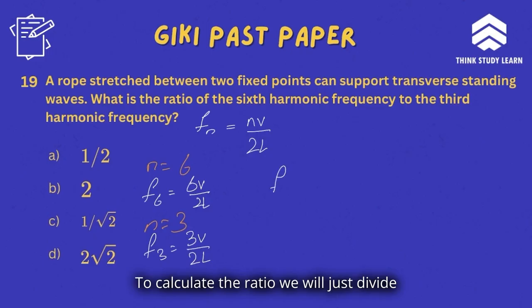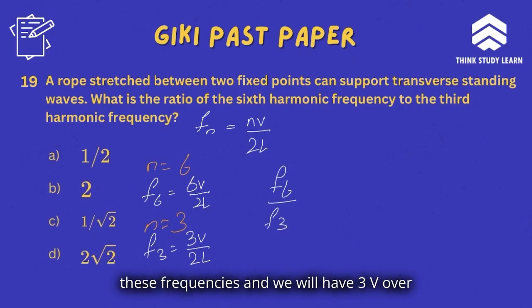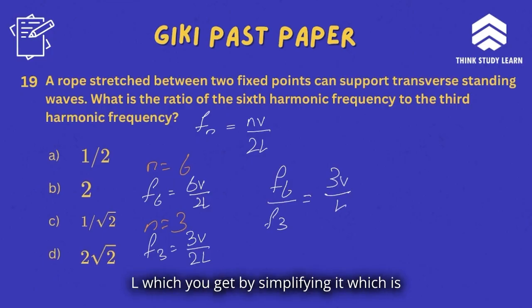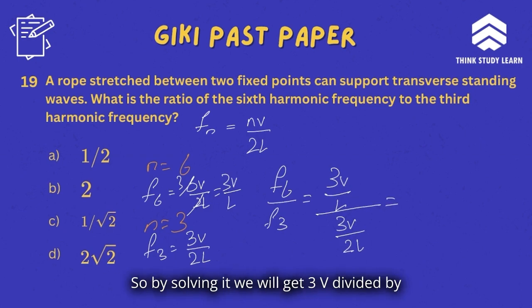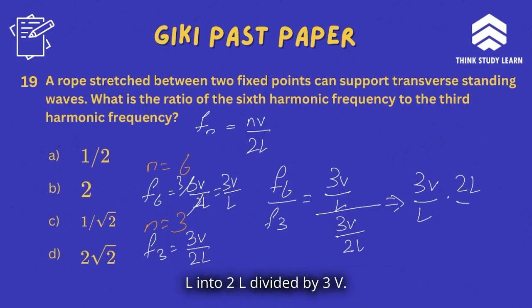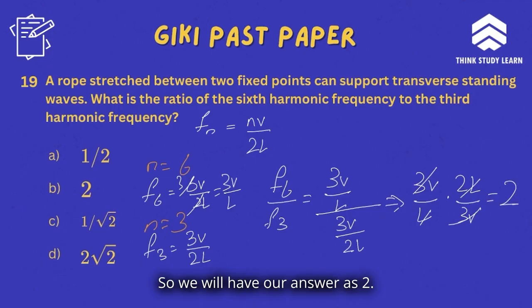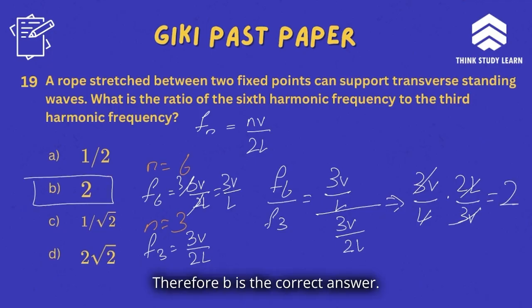To calculate the ratio, we will just divide these frequencies, which is 3v over L divided by 3v over 2L. So by solving it, we will get 3v divided by L into 2L divided by 3v. So we will have our answer as 2. Therefore, B is the correct answer.